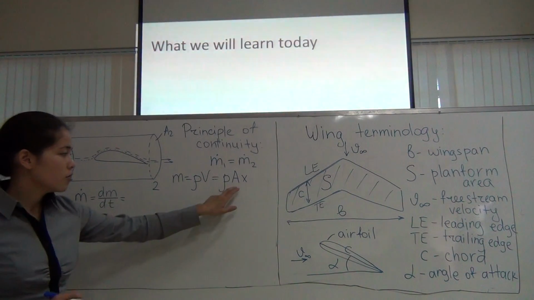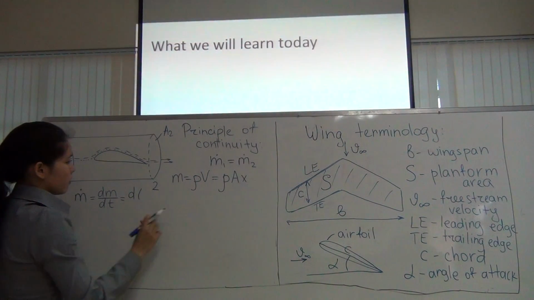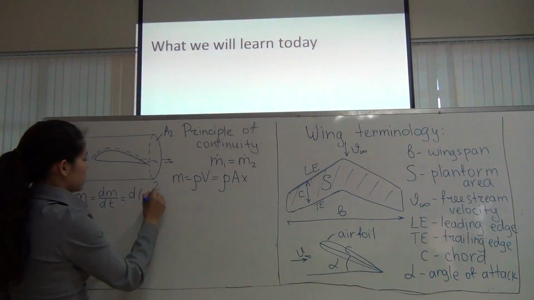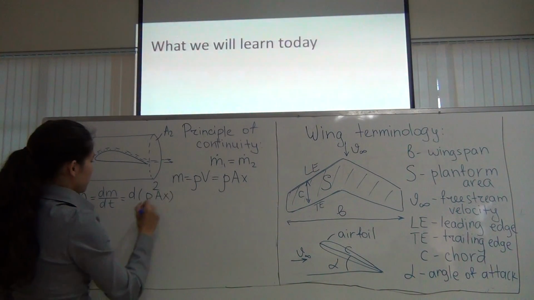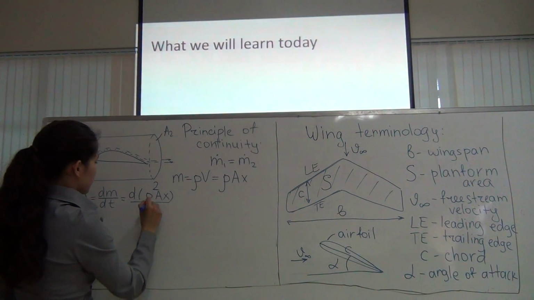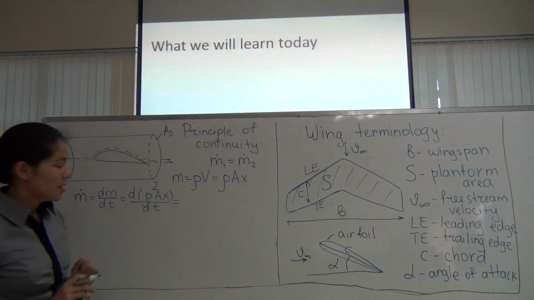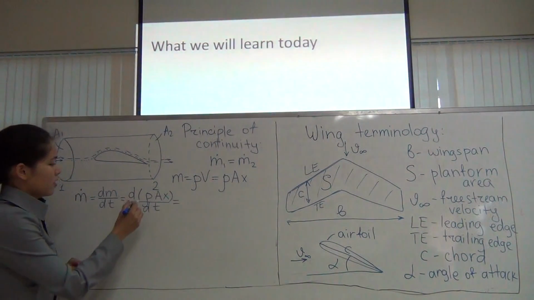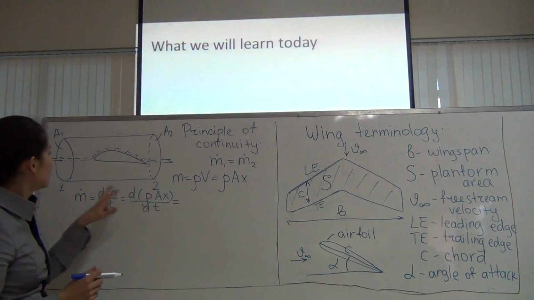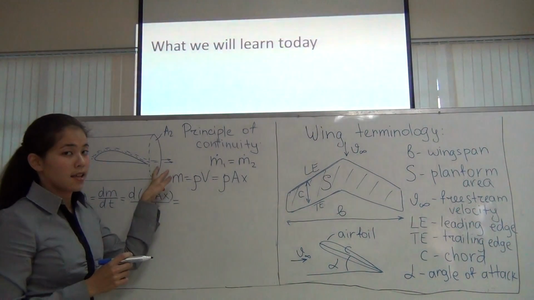So if we substitute now this expression here, we can say derivative of rho A x per time, so dt. And now it's time to make some assumptions. So let's say that the air that enters the wind tunnel is the same air that exits.